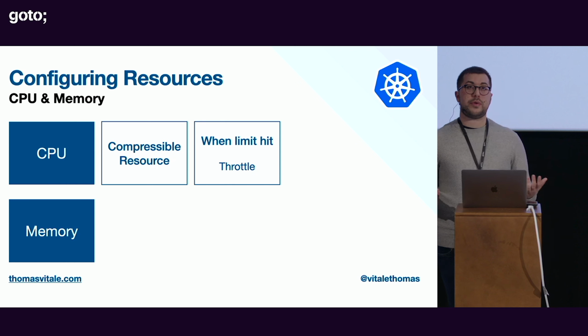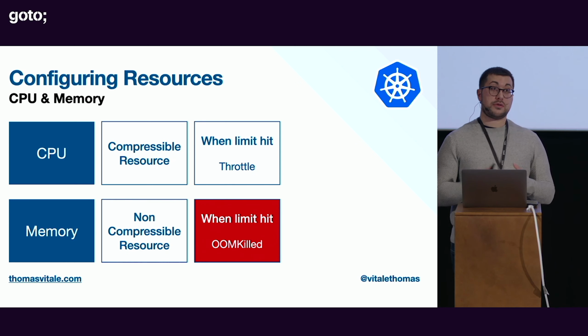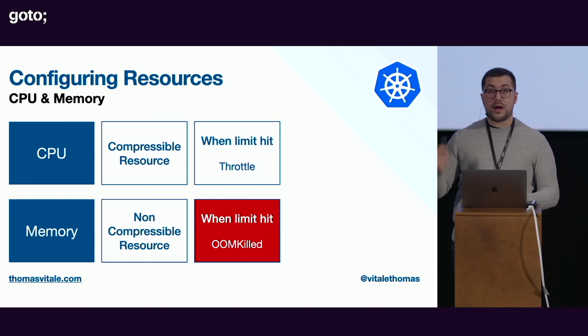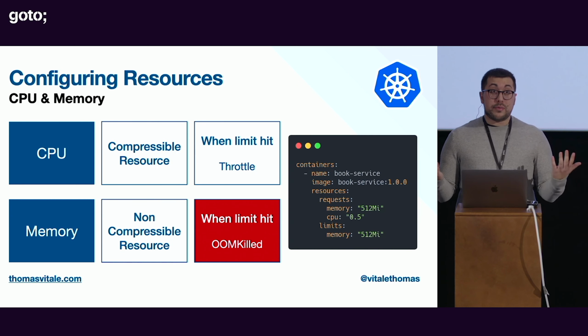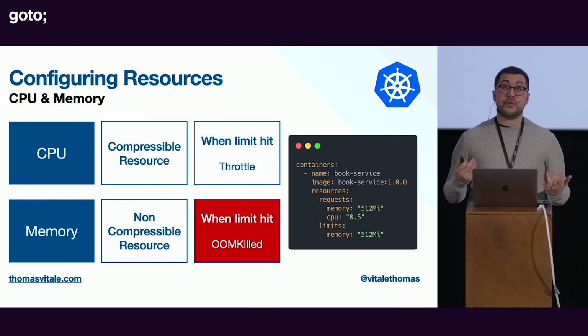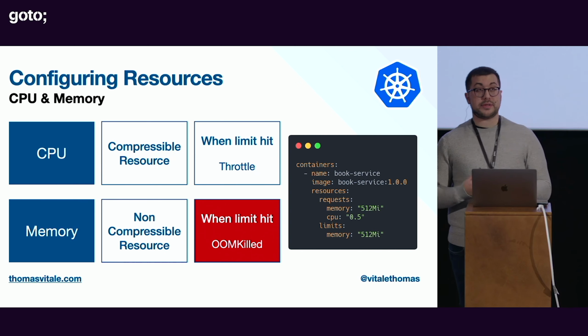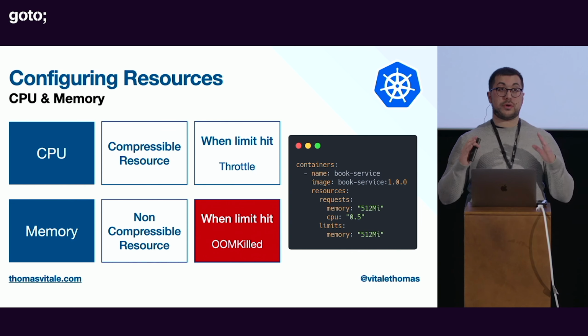The application will still be running correctly. Instead, memory is a non-compressible resource. So if we hit the limit, we get the dreadful out-of-memory killed error, which is the worst. So we really want to avoid that. And in Kubernetes, of course, as I said, we can assign both CPU and memory as request and as limits. But I would say that we should pay particular attention to the memory here.